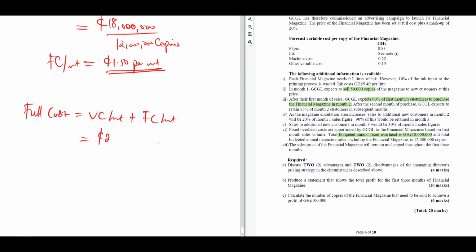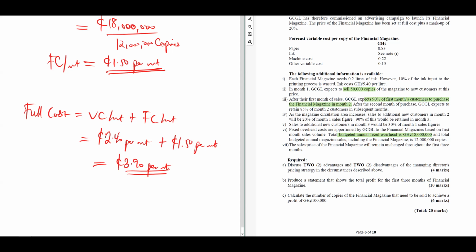So that was 2.40 pesos per unit plus our fixed cost per unit, which is 1.5 per unit. So that gives us what? 2.4 plus 1.5. We have 3.9 per unit, right? So this is our full cost.